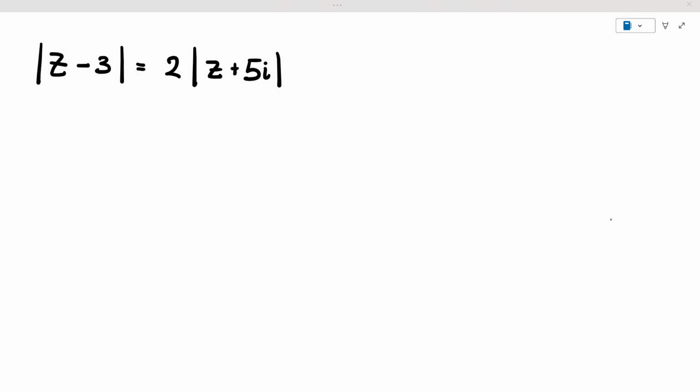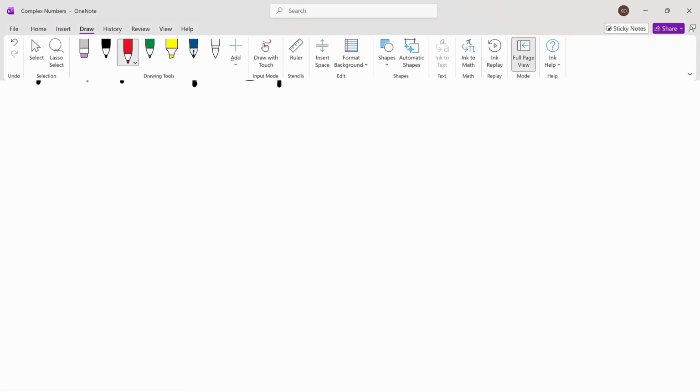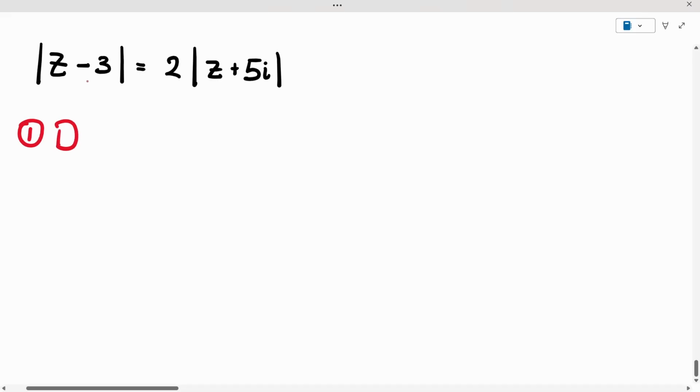Okay, so in this example, we want to find the locus of the complex number z such that the absolute value of z minus 3 is equal to 2 times the absolute value of z plus 5i. So to deal with a question like this, first, we need to define z. So step 1, define z, right?